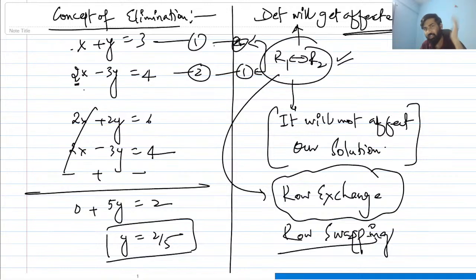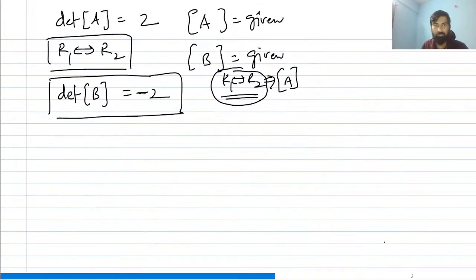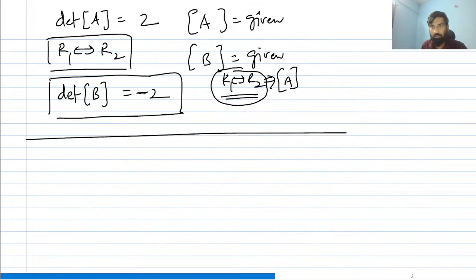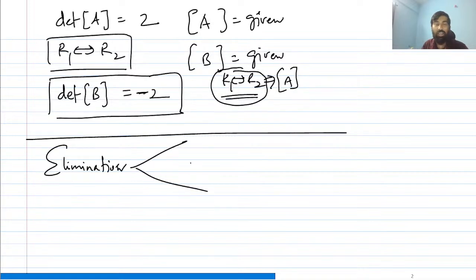Now I will take one original matrix and perform elimination, and elimination is not new. Elimination means performing elementary operations on the matrix.